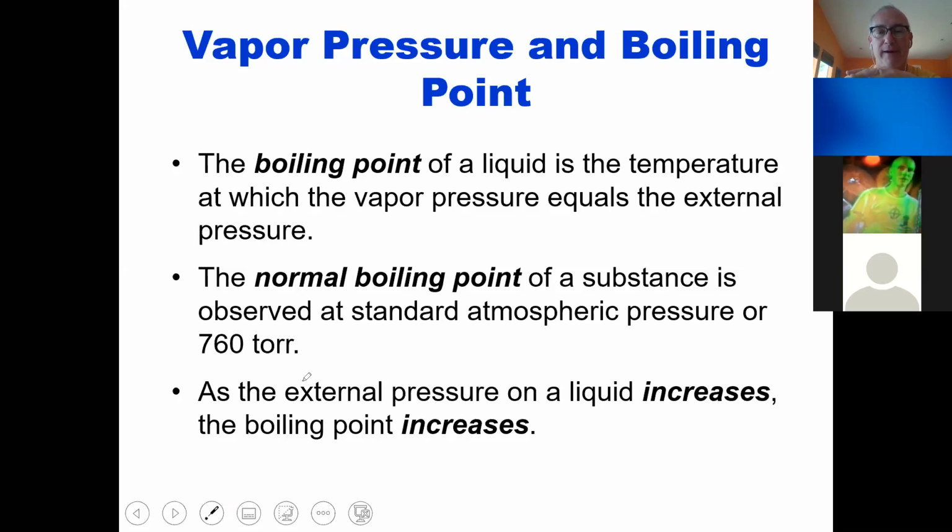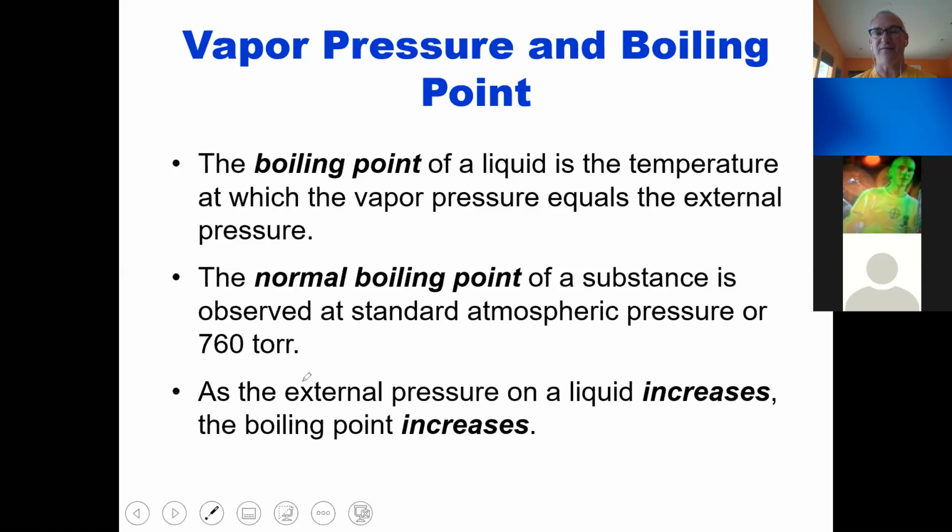So boiling point is the temperature at which the vapor pressure equals the atmospheric pressure. That's why water boils at a lower temperature at the top of Mount Everest. I think water boils at around 75 degrees there. The vapor pressure is so low.